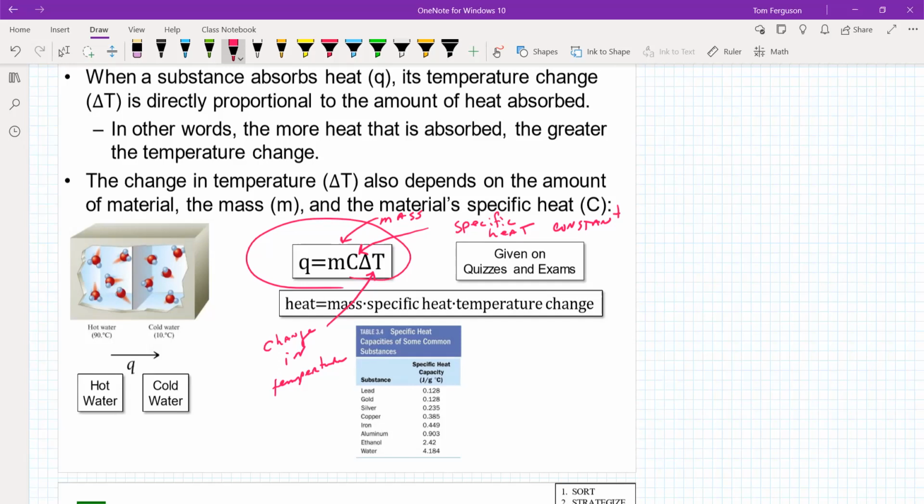For example, in cars, our combustion engines create a lot of heat when it burns the gasoline, producing carbon dioxide and water. And so the engine is designed to take that heat away from the engine so that it doesn't melt. That's done with the fluid in your radiator. Used to be, a long time ago, it was water. Now it's a mixture of water plus antifreeze.